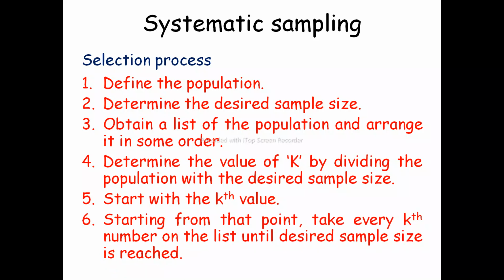Next, starting from that point, take every kth number on the list until the desired sample size is reached. Like 3.2 was our k value and we started with the third number of the population series, and then we selected every third number like the 6th elephant, 9th elephant, 12th elephant, 15th elephant, 18th elephant, until we got our desired sample size. So this is how we do systematic sampling.